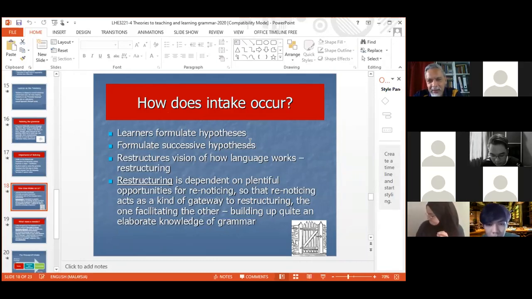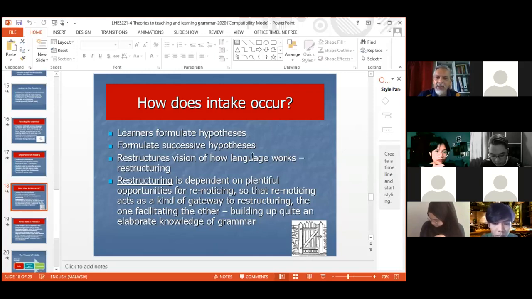They realize that, oh, okay, there are other ways to form past tense, not just ed. Maybe you can form past tense by using other words. Or you realize that you can talk about the past by using words like yesterday, or just now. Okay, these are all hypotheses, right? That you form as you learn the language.